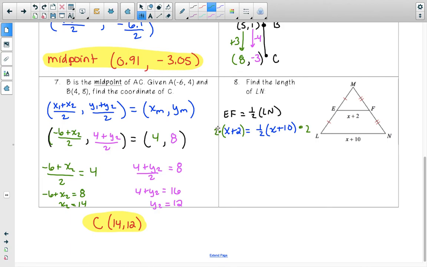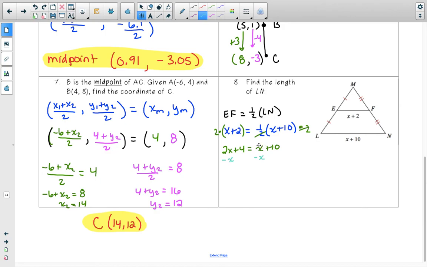When I distribute, I'll get 2 times x, 2x, and 2 times positive 2, which is positive 4, is equal to the 1/2 times the 2 will divide to a 1. So I'll have 1 times x plus 10, which is x plus 10. Now I can solve. I want to get my x's on one side. I have 2x here and 1x here, so I'm going to subtract the 1x from both sides.